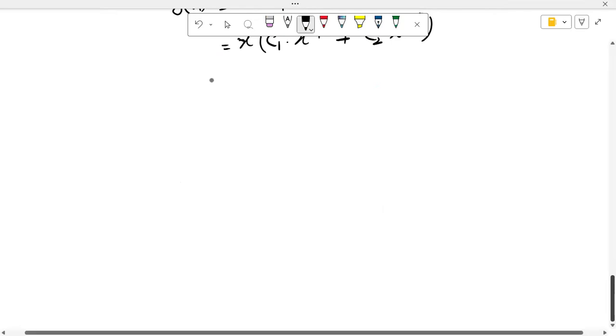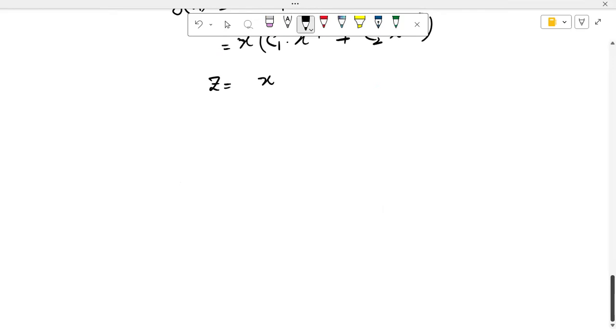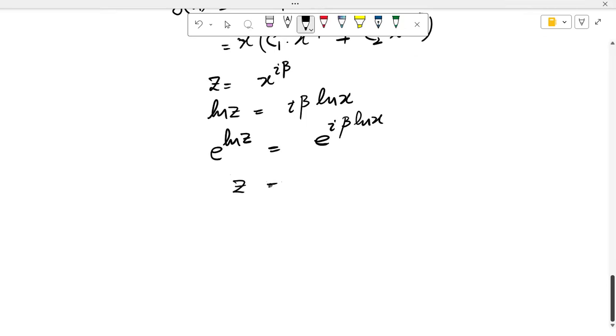For example, if I assume that z equals x raised to the power iota beta, then log of z will be equal to iota beta times log of x, and this can be further simplified as e raised to the power iota beta log of x, and this will then be simplified to Euler's identity, cos of beta log of x plus iota sine beta log of x.